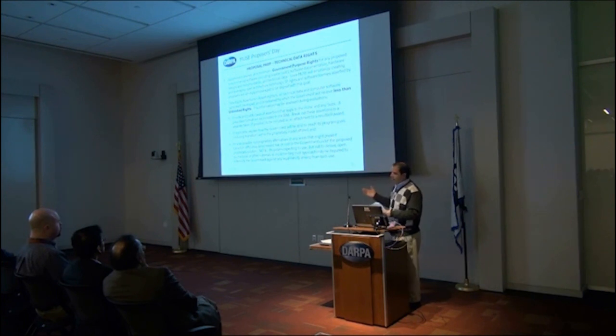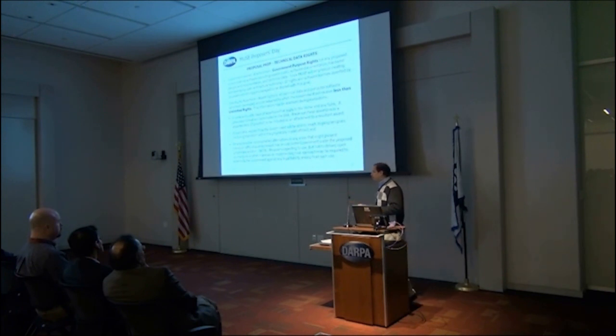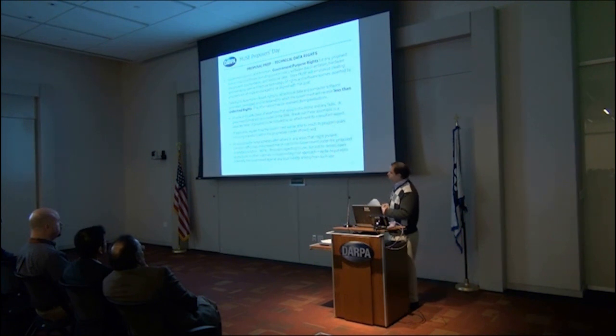But that's not always the case, and having restrictions is not necessarily a bad thing. What's important is that you identify software and data that you intend to deliver to the government under this program with anything less than unlimited rights, which could mean something like government purpose rights, which is perfectly okay. That is where the government sort of shares the rights with the contractor for a certain period of time before they flip over to unlimited.